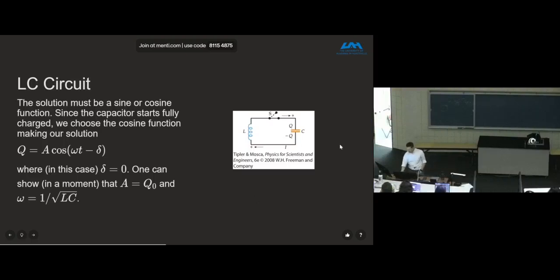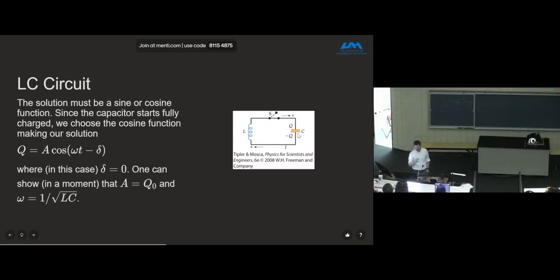So you can imagine if it starts with plus Q naught on the top plate, sometime later the system is going to completely reverse and you are going to have plus Q on the bottom plate or negative Q on the top plate, however you want to think about it. But it's just going to keep oscillating back and forth with the positive charge being on the top plate to bottom plate and back and forth.